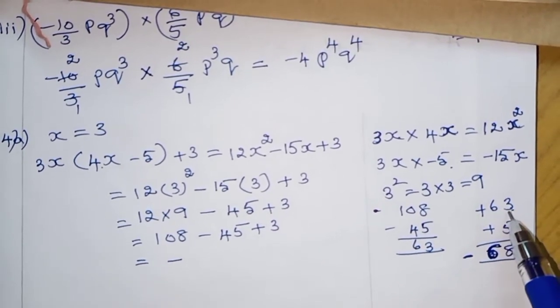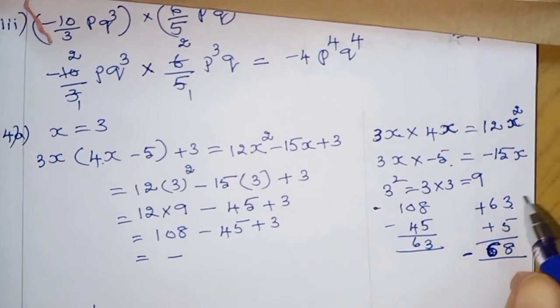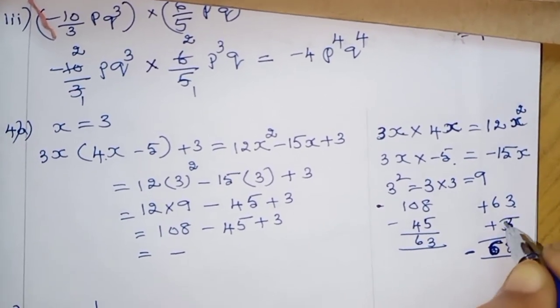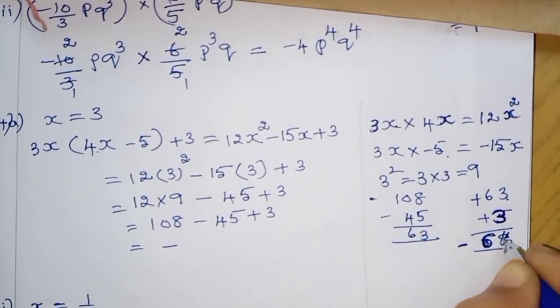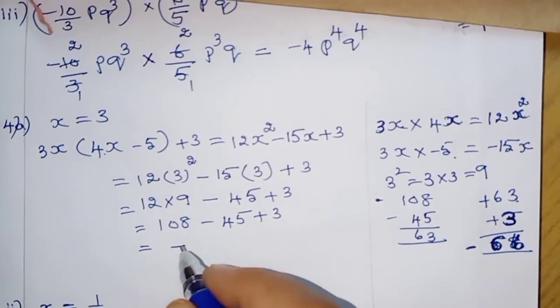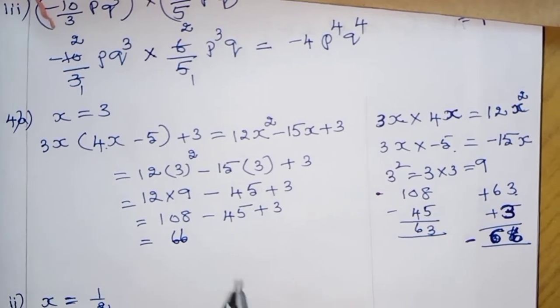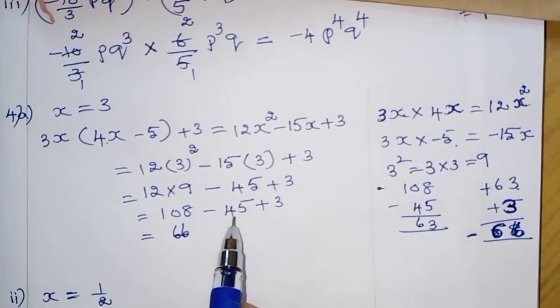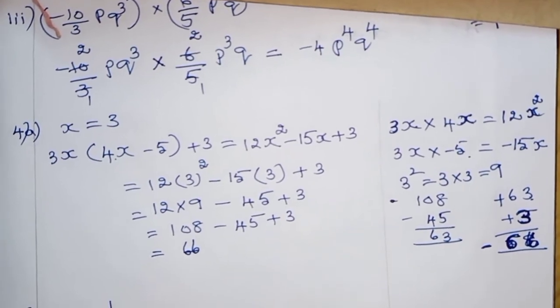Plus 63, what is the next number? The next number is 3. So 63 plus 3 is 66. So the answer is 66.